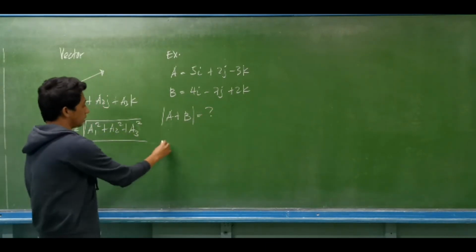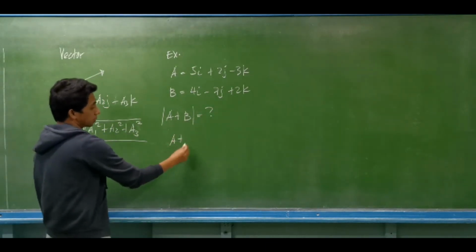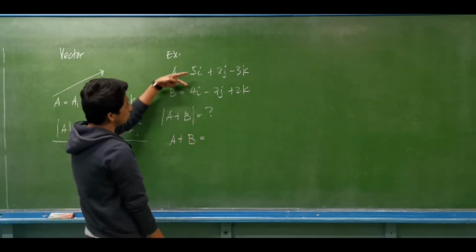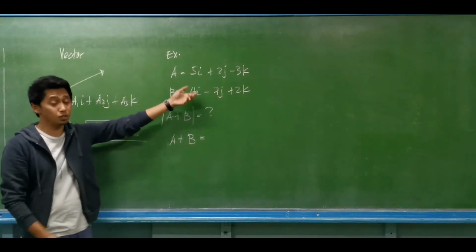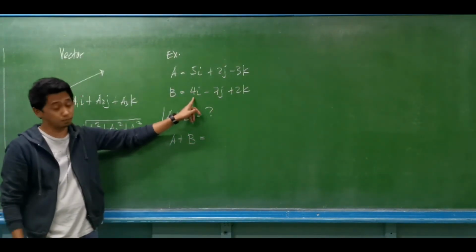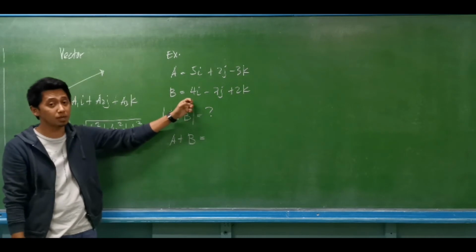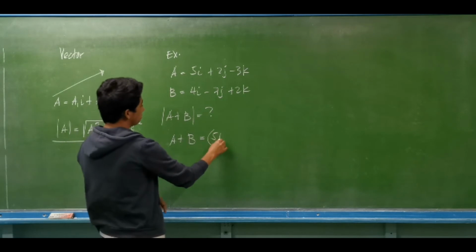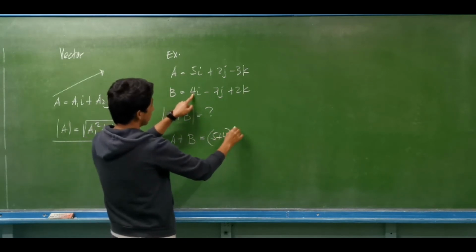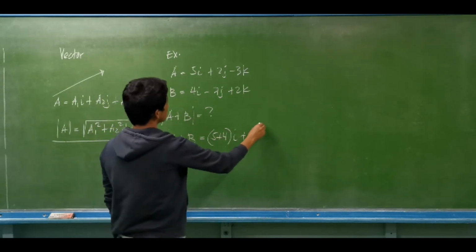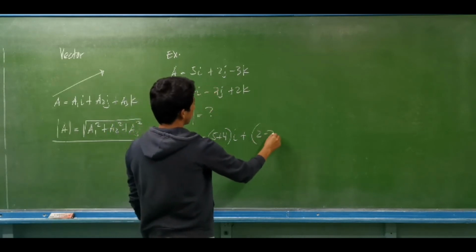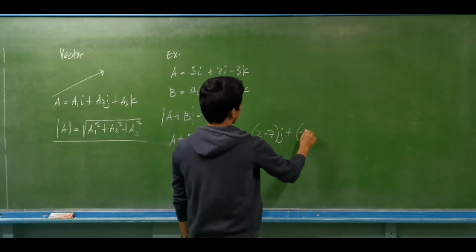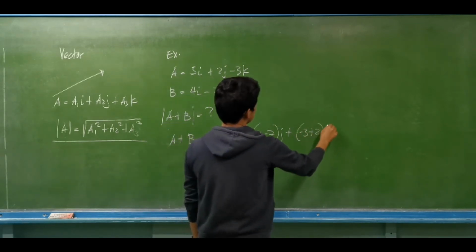Let us first determine the value of vector A plus vector B. We are to combine, or do addition of, the same components. That is 5 plus 4 of i, then plus 2 minus 7 of j, then plus negative 3 plus 2 of k.